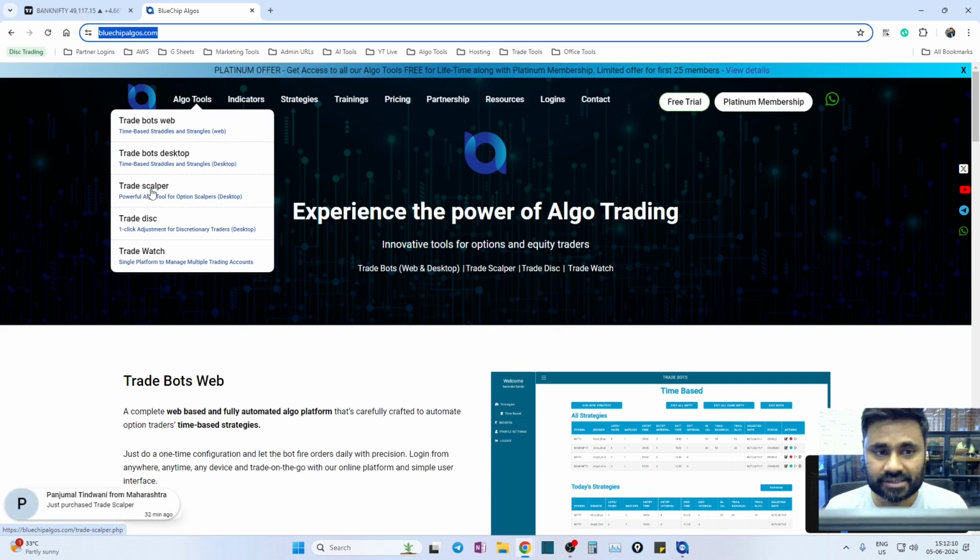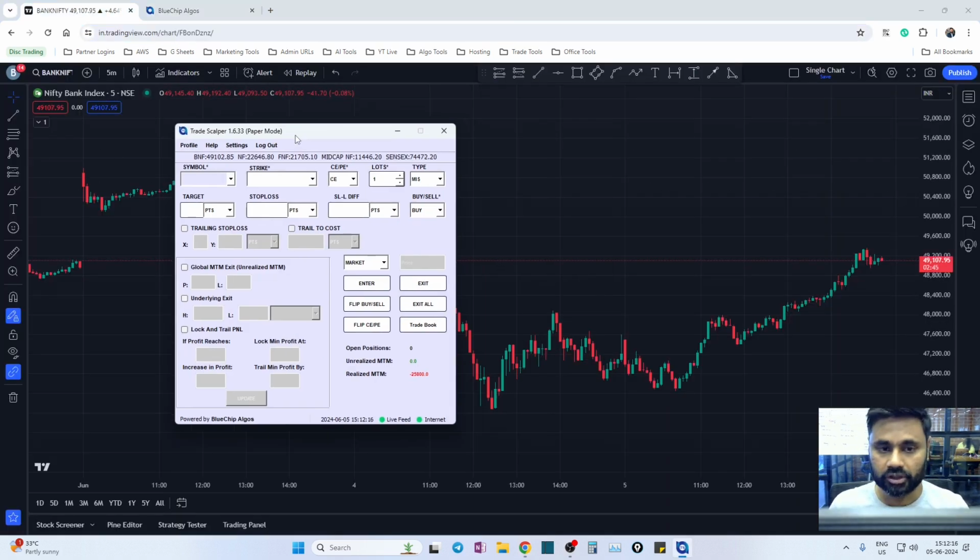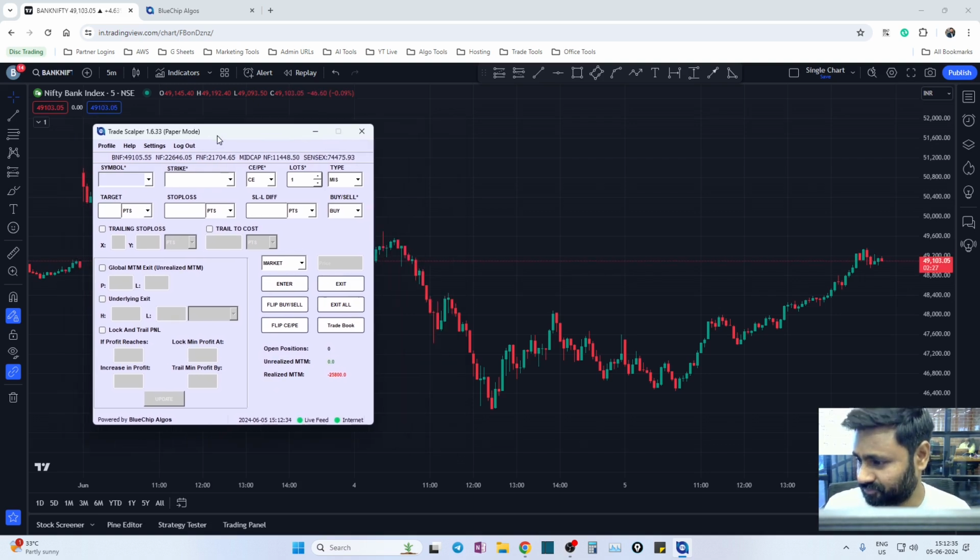But if you're an option trader, especially an option scalper, this application will phenomenally help you in placing trades very quickly, probably in 100 to 200 milliseconds, which is like 1/10 of a second. It's lightning fast, laser speed, and there are also tons of other benefits which the brokers generally do not provide. So let's see.